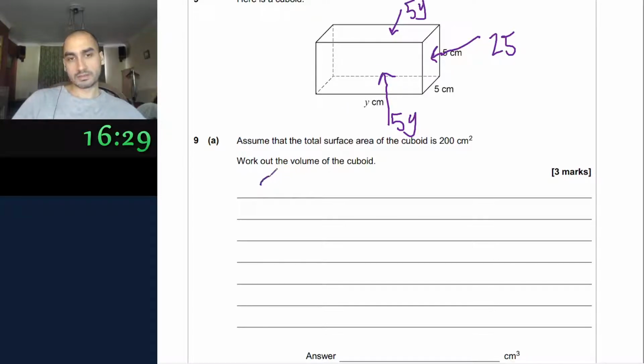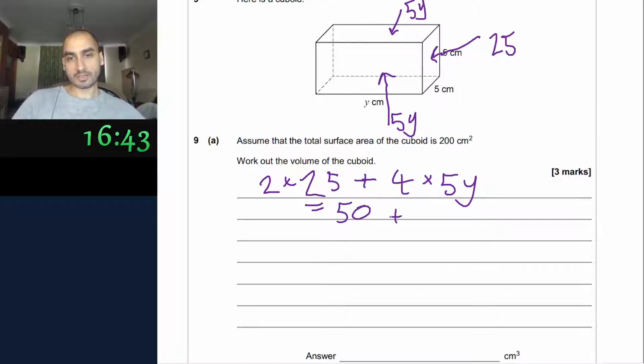So it's 2 times 25 plus 4 times 5y, because there's 4 of those sides, equals 50 plus 20y equals 200.